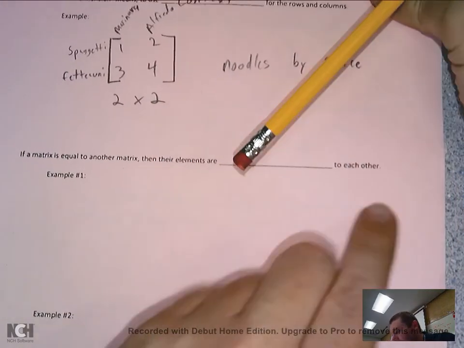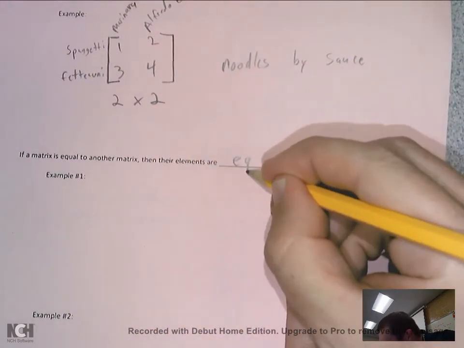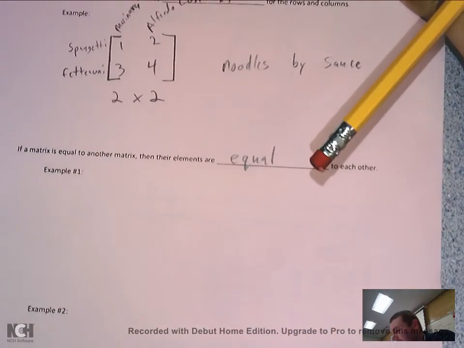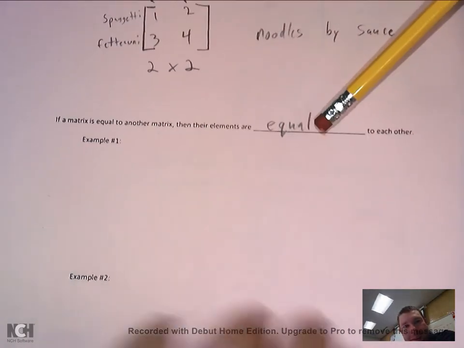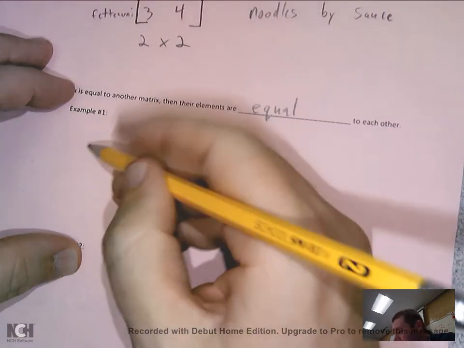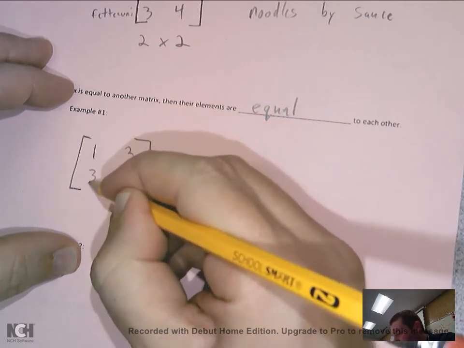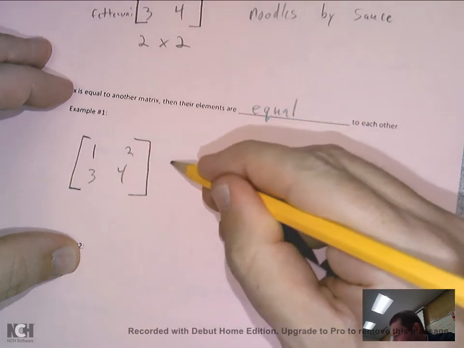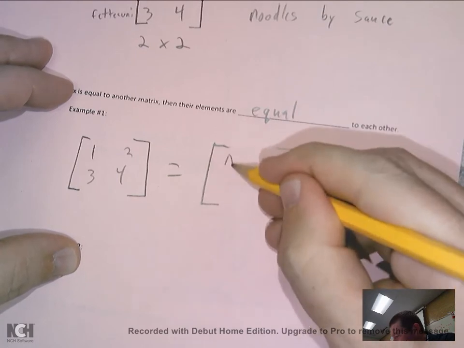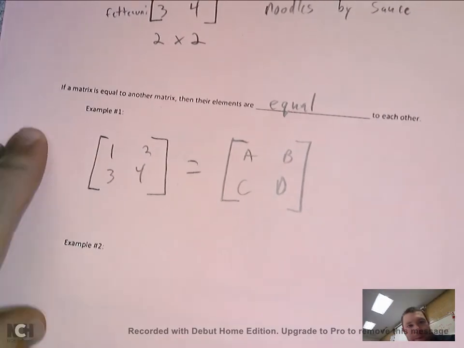Okay, next thing, if a matrix is equal to another matrix, then their elements are equal to each other. This is a big key thing. You're going to need to remember it for Secondary 2 as well, because this comes up a lot in Secondary 2. So, for example, let's say I have my nice matrix I've been using, 1, 2, 3, 4, and let's say I know it is equal to this matrix over here, A, B, C, D. So let's say I want to figure out what C is equal to.